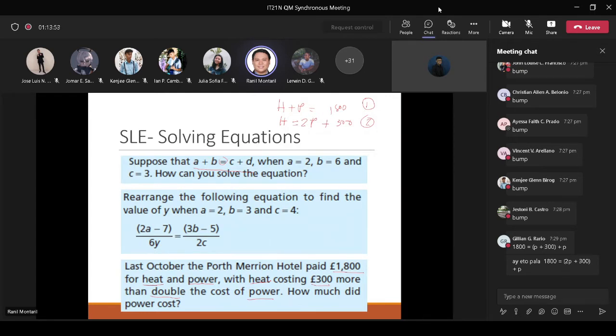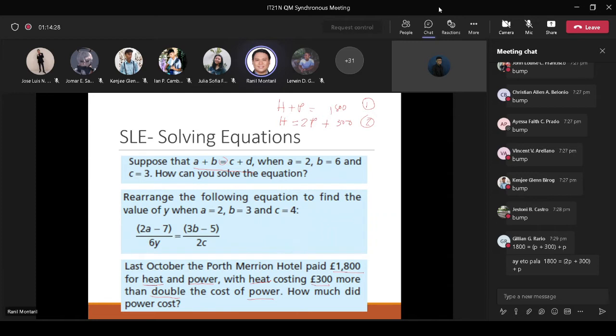Otherwise, may mga cases na hindi sila pantay, meaning mas marami yung variable compared sa equations. Ang tawag natin doon Diophantine equation. Sometimes it requires common sense and trial and error to solve the problem, so medyo mahirap at challenging kapag Diophantine equation siya.